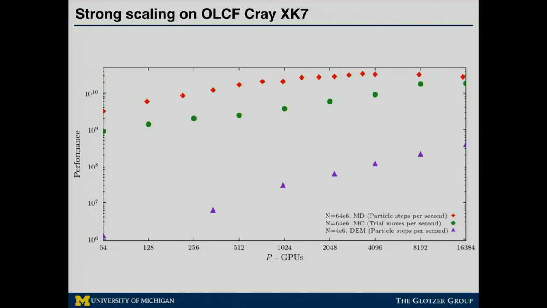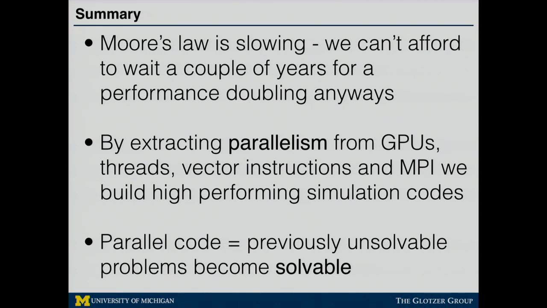And I think this is at least as big a challenge for scientists, to find out how these tremendously powerful tools can be utilized, as just building them and writing software for them. To summarize, we have seen that Moore's law is slowing down, but we cannot afford to wait 2 years for the next CPU performance boost anyway, so we need parallelism today.